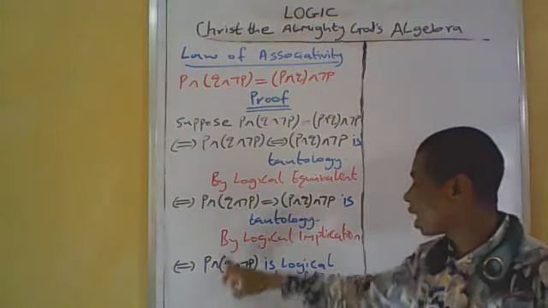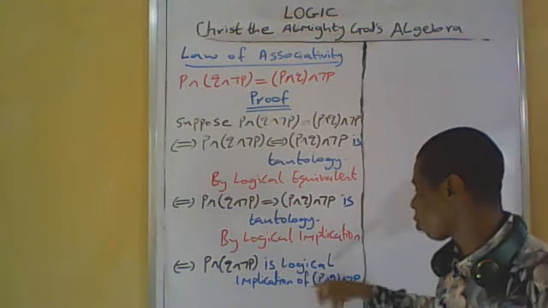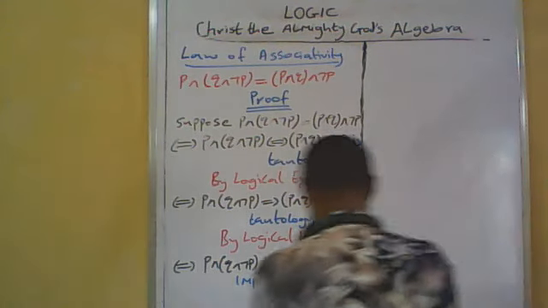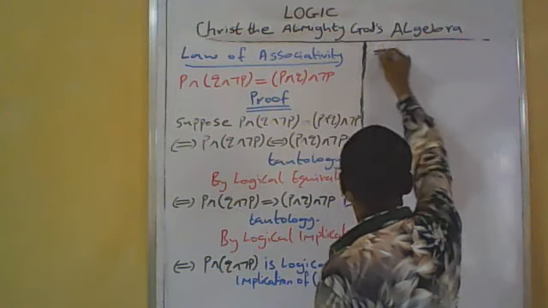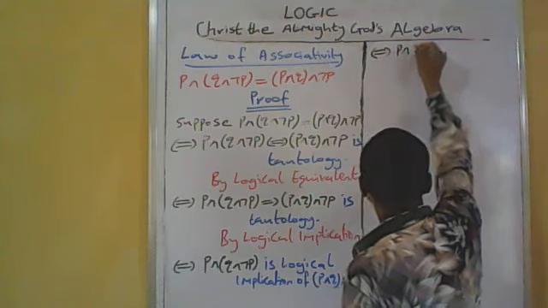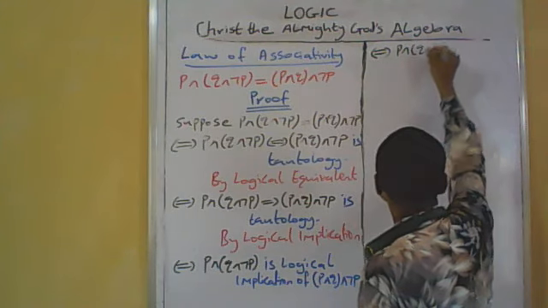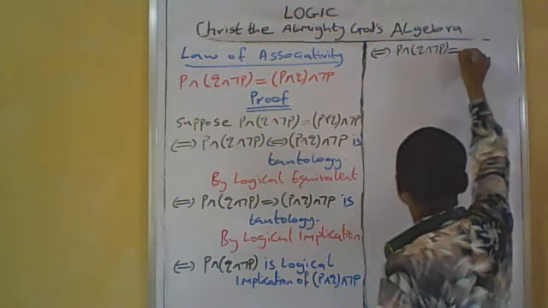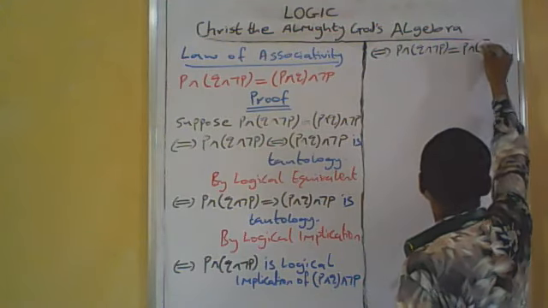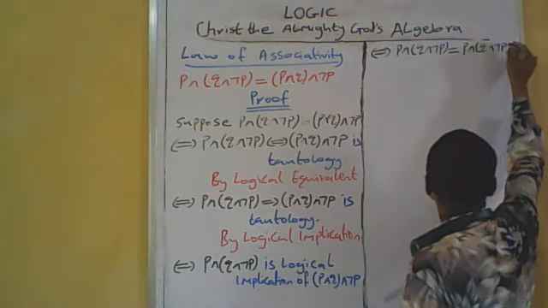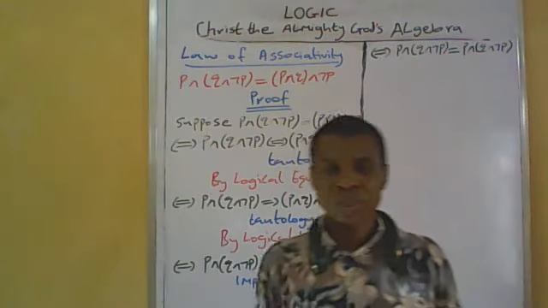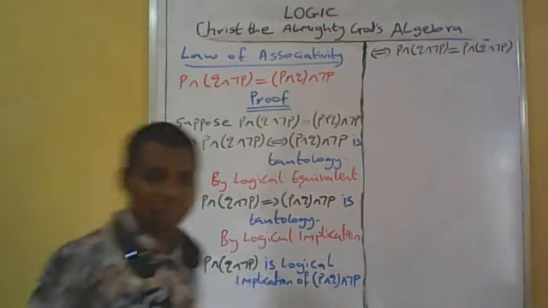Now we say that P and (Q and not P) is a logical implication of (P and Q) and not P. So P and (Q and not P) is equal to P and (Q and not P). That is, the logical implication is equal to itself.